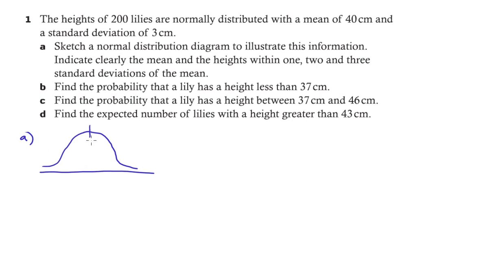And that means right down the middle here is going to be our mean, which they tell us is 40, right? And then one standard deviation up from that, since the standard deviation is 3, will be 43. And then another one would be 46. And then one more would be 49, right?